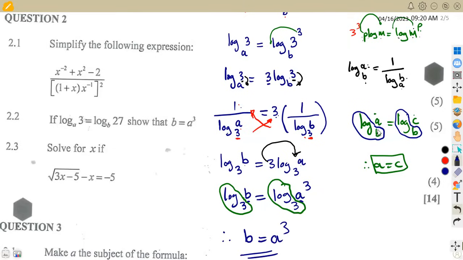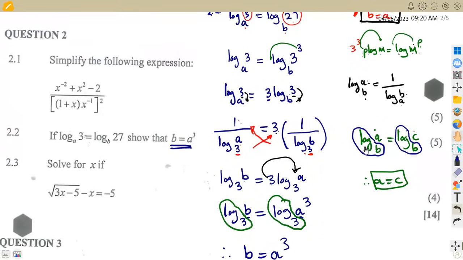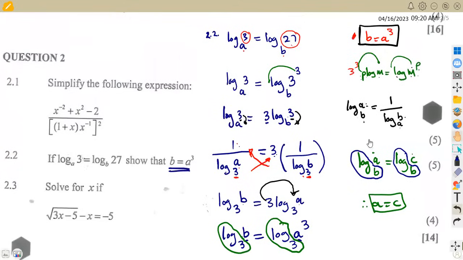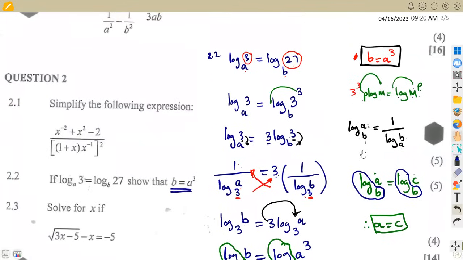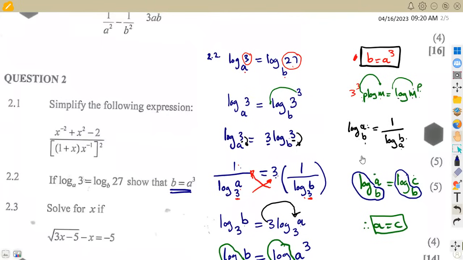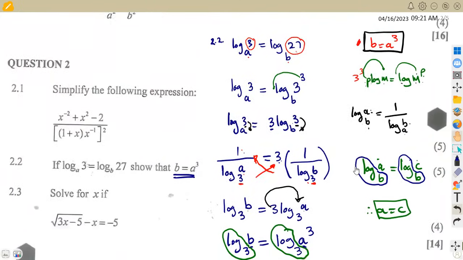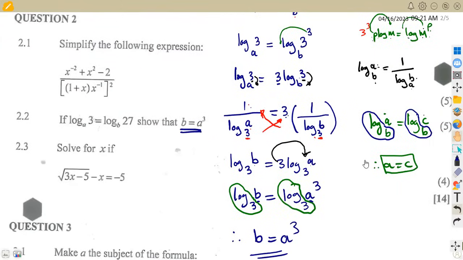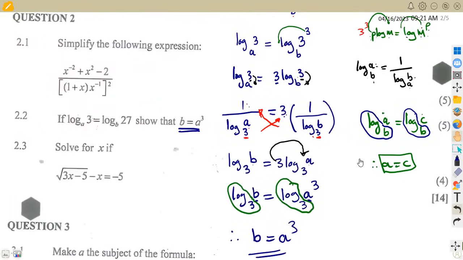So that is what we were supposed to show in this case: show that B is equal to A to the exponent of 3. All right, so it was another type of equation. Yes, it needed us to apply our laws of logarithms and play around with them. But this is how you are supposed to attempt this typical question.